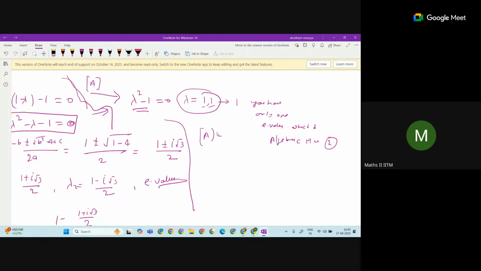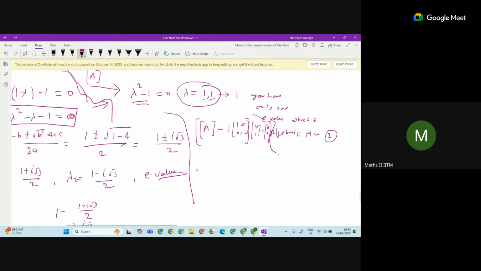So you take the matrix A minus 1 times the identity, and you solve the system of linear equations with (x, y) equal to 0. You have started solving, and you end up with a system of linear equations. And this way you got only one.